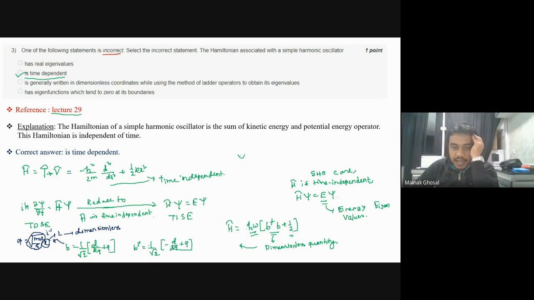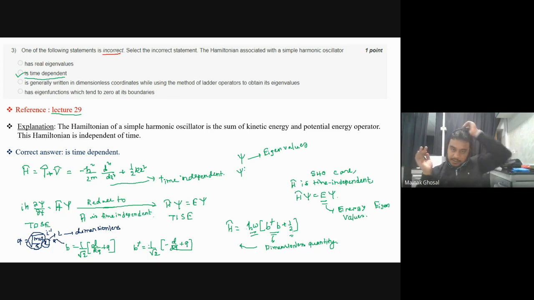What should be the eigenfunction here? Here the eigenfunction is psi, and the condition of psi is that it will satisfy this boundary condition, that it will be zero at its boundaries.